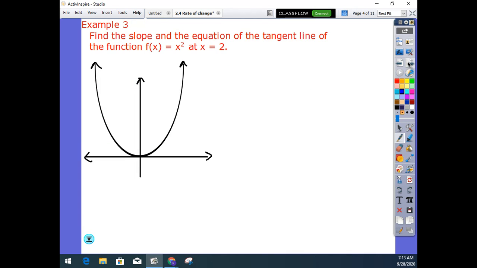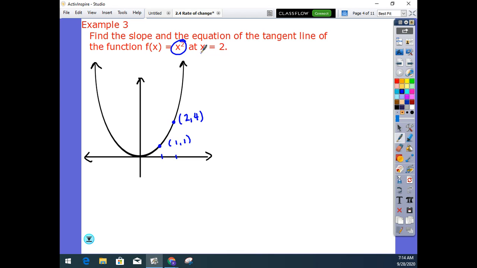Okay, example 3 though is kind of the crux of this situation. All right, so we're going to call this point, say 1, 1. This point, because this is x squared, 2, 4. So we have points all the way along here making up this curve.